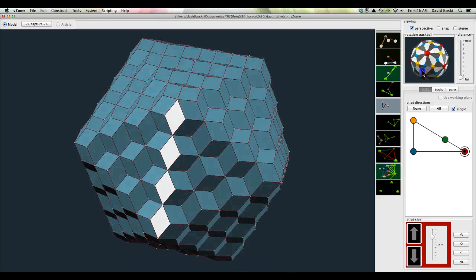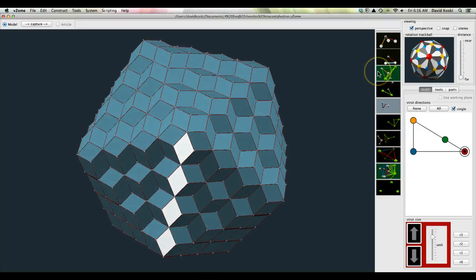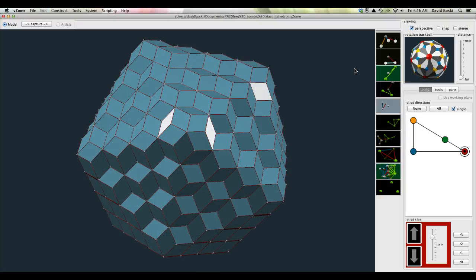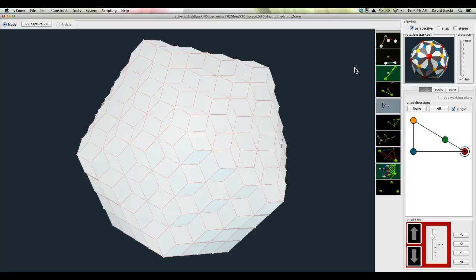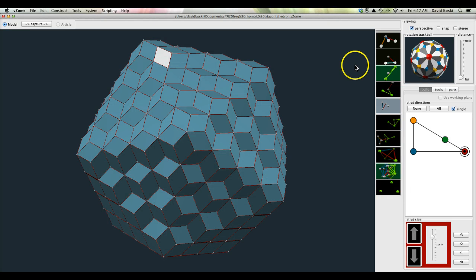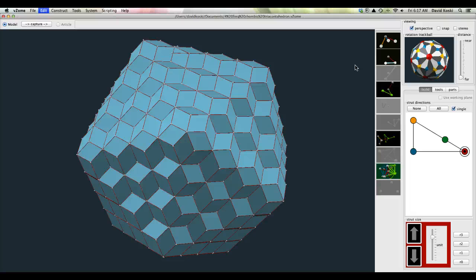But we'll move on. I think now we're going to take out what are called rhombic icosahedrons, and there are 12 of them. Right now you're seeing the one little fat hexahedron getting removed.